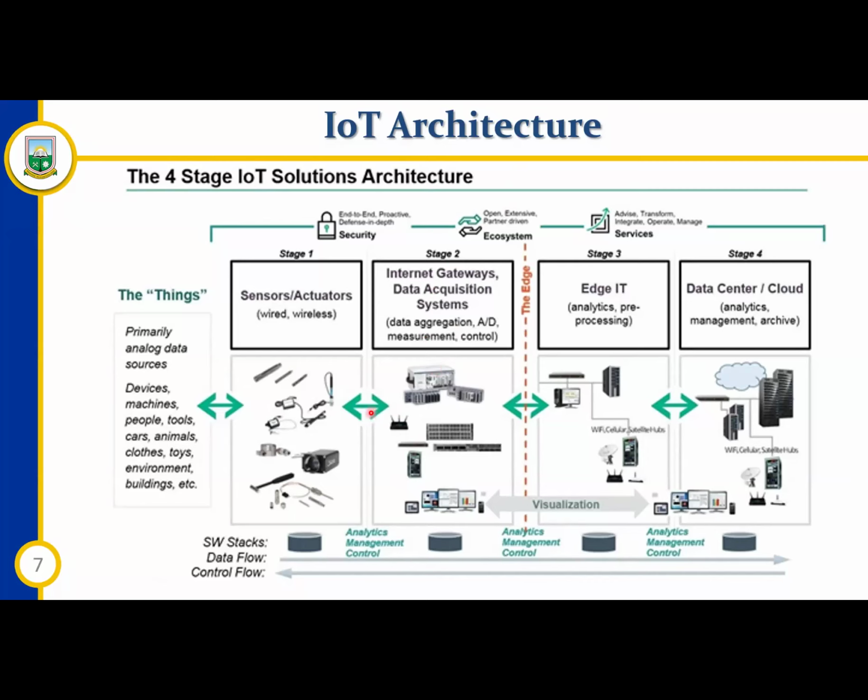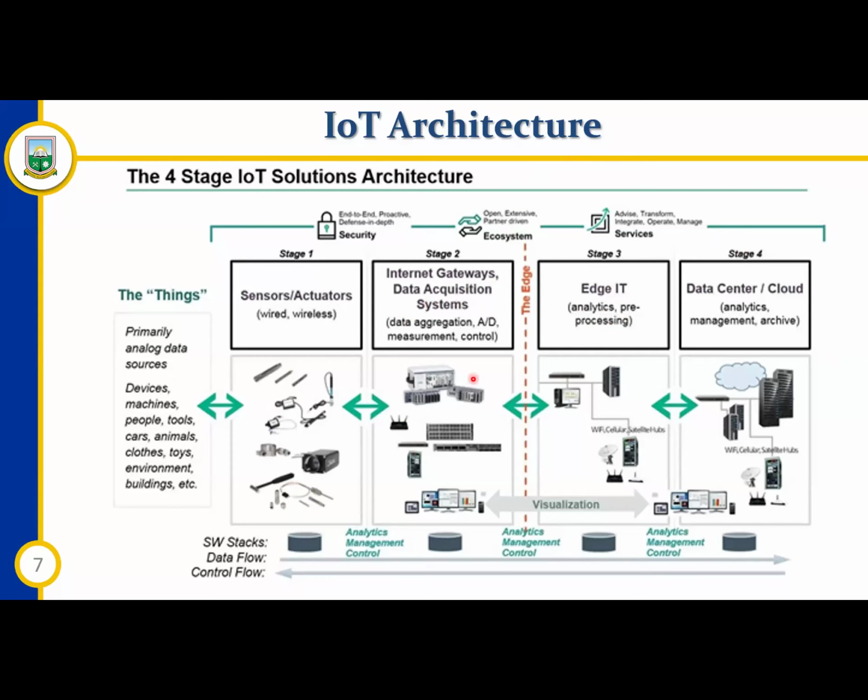From the traditional explanation, we have the IoT devices, with their sensors and all, getting connected to the internet, and the internet connected to the cloud. And all the processing goes onto the cloud, from the first lecture. But this time round, we have the edge IT and the internet gateway coming into place.